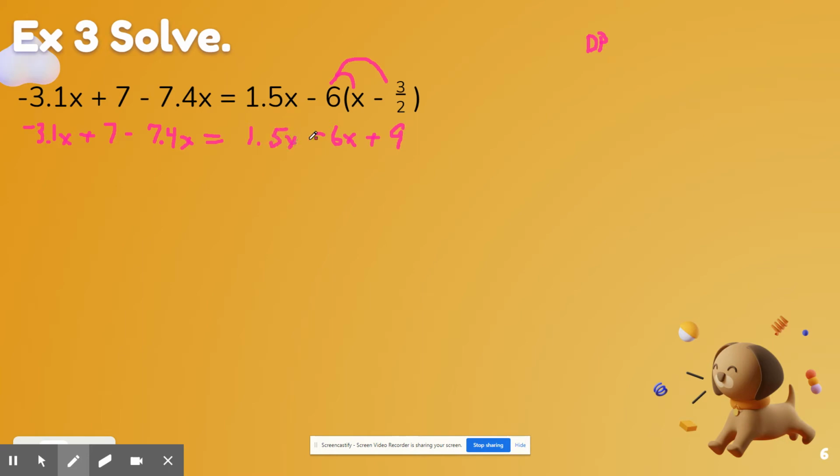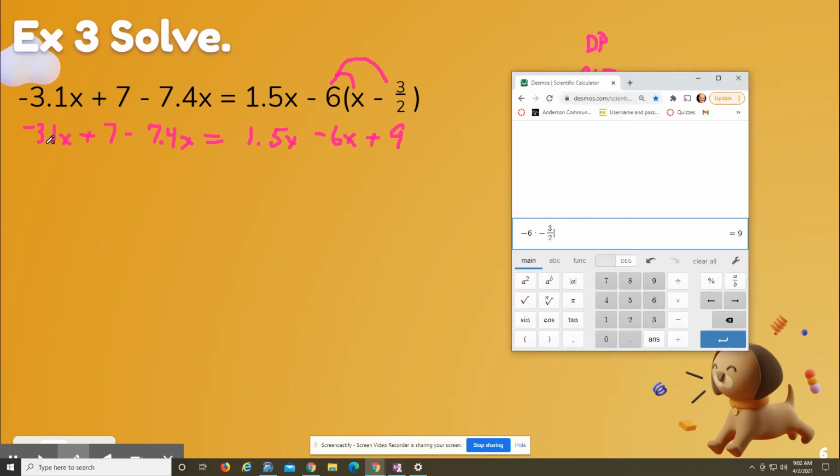So then we're going to combine like terms. Again, our calculator is going to come in super handy for this. We're going to do this side first. So the 3.1 and the 7.4 are like terms. It's a negative 3.1. It's always plus negative 7.4.